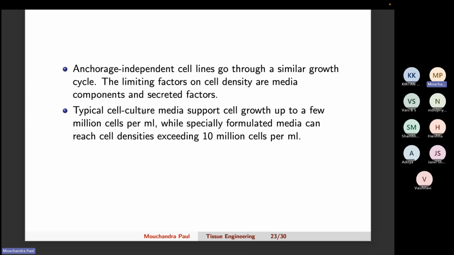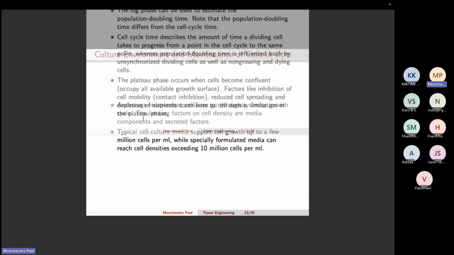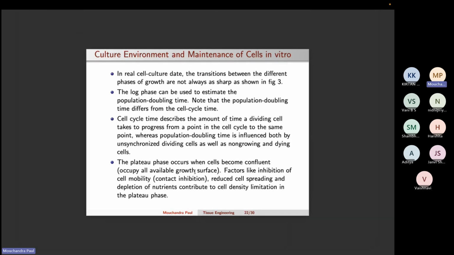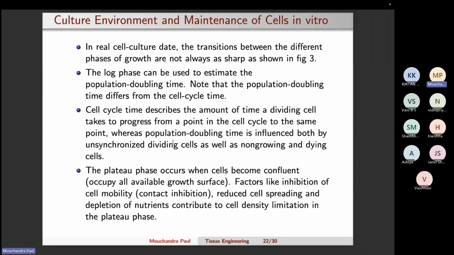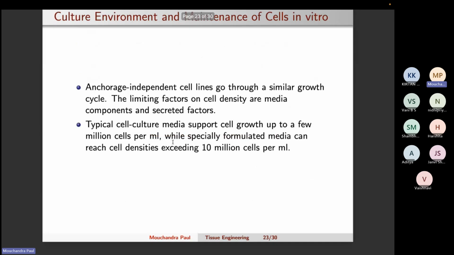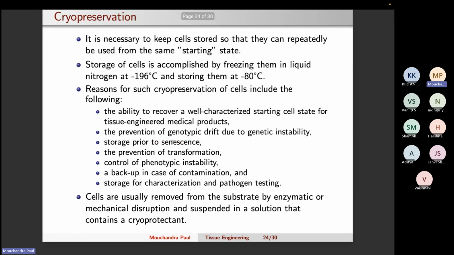Okay, so this slide which I have skipped is basically explaining the same thing that I have explained using the graph. You can go through it once I share the slides with you.